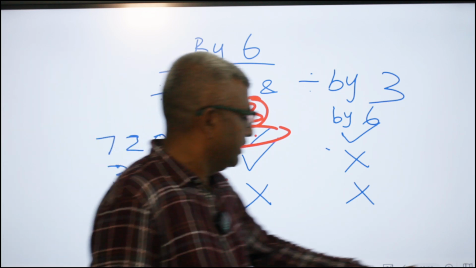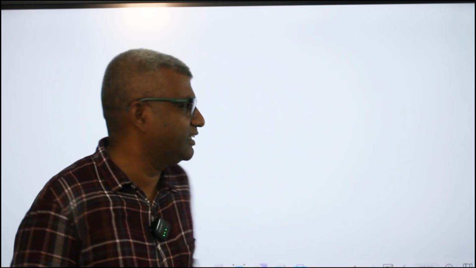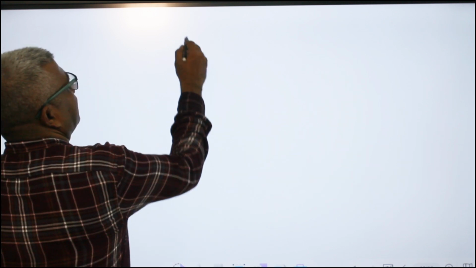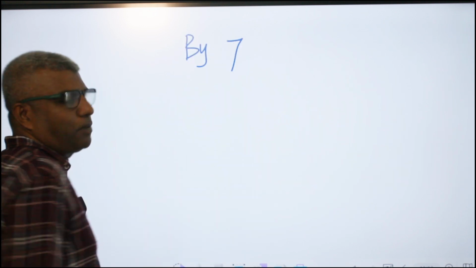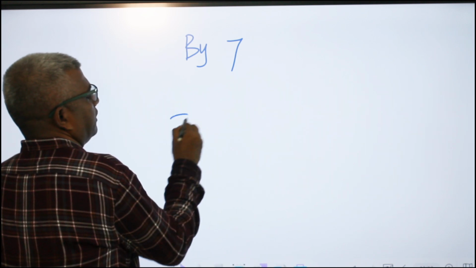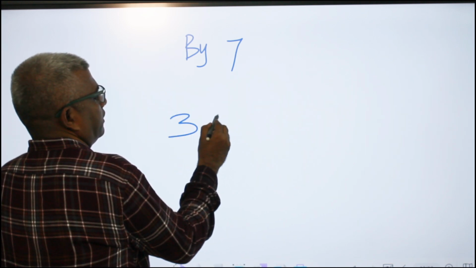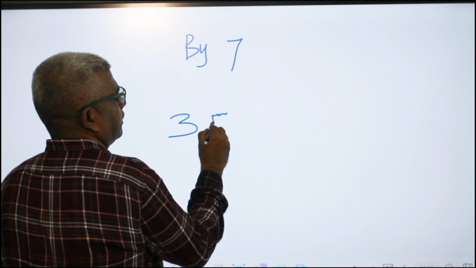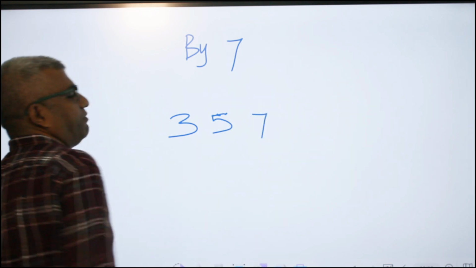Okay. Now divisible by 7, this is a little tricky. Generally it is better to check by the normal method. But for divisible by 7, just suppose 357.